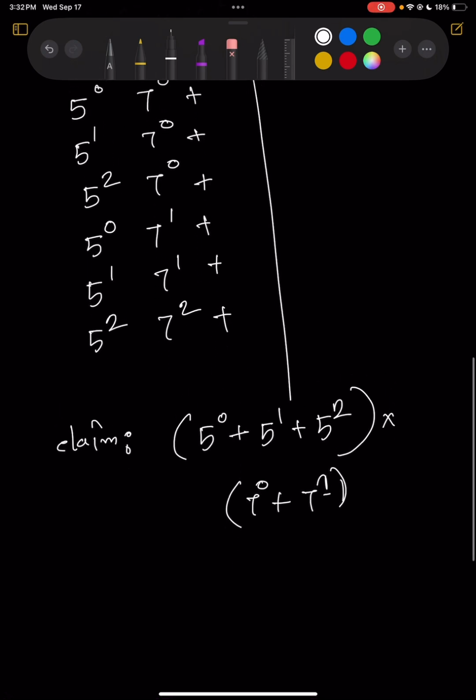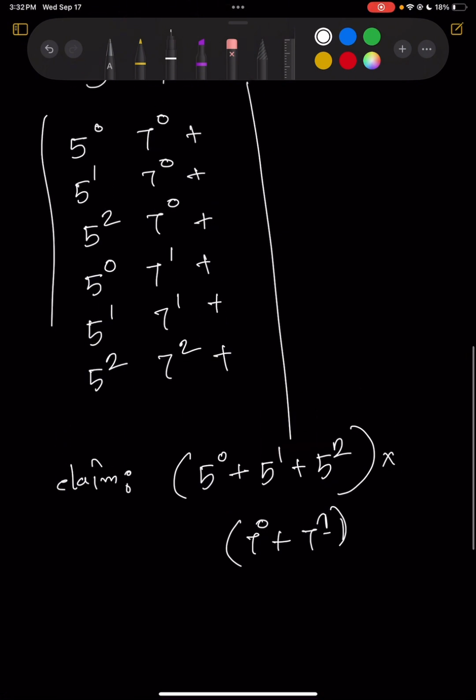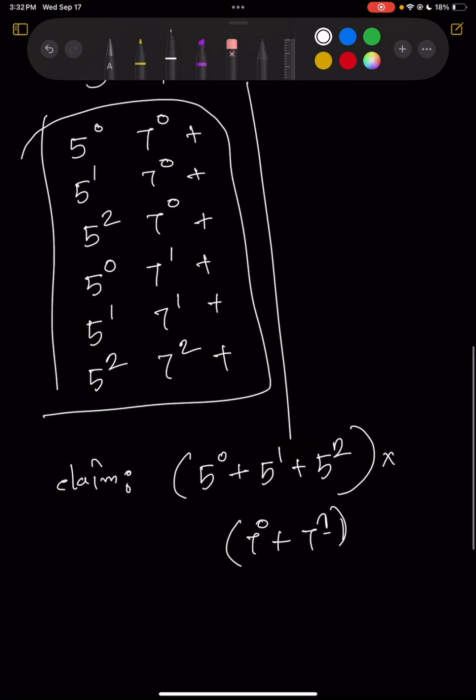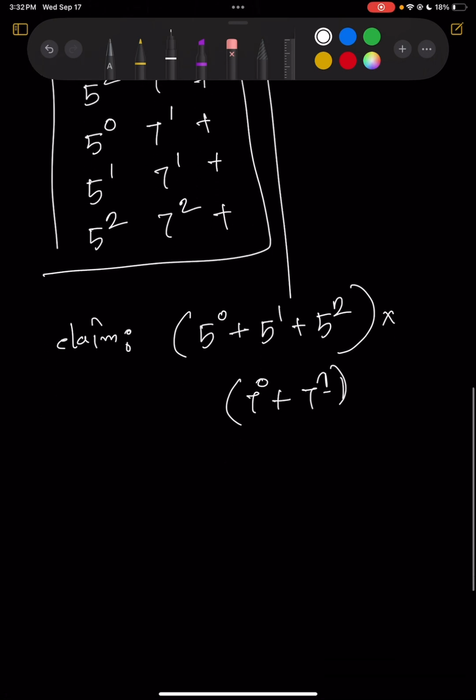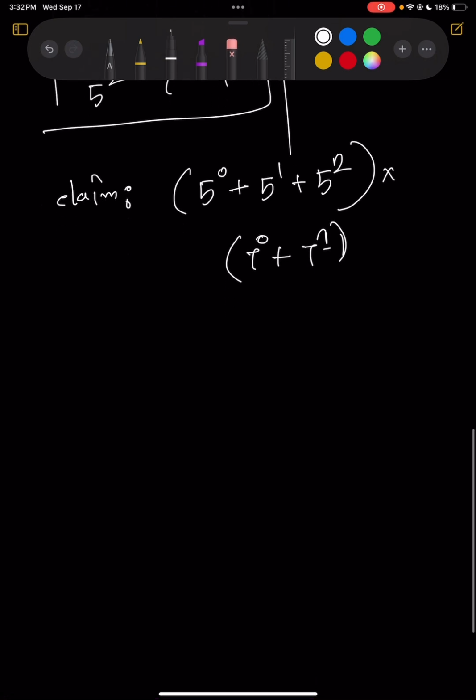If we multiply these expressions, we will find all the possible combinations. So if we have any number n, we can prime factorize it and then find our answer. The general formula for the sum of divisors will be like this.